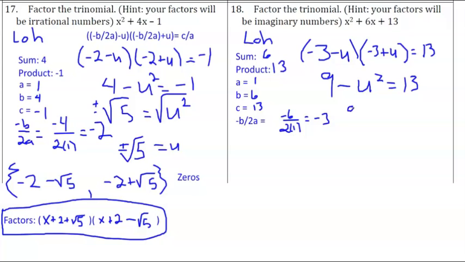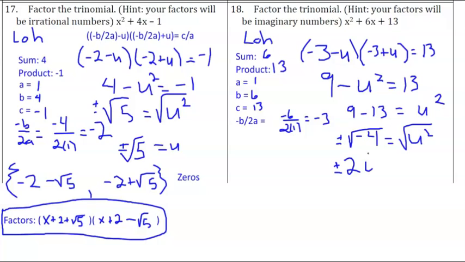So we have 9 minus 13 equals u squared. Combine the like terms, we have negative 4 equals u squared. To get rid of a square, take the square root of each side. Put a plus or minus in front of it. The square root of 4 is 2, but we have a negative, so we have to also put the letter i.